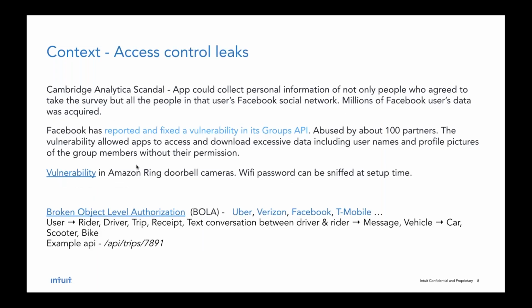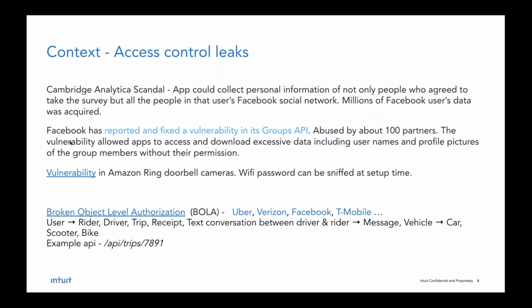Now, we also have seen a lot of access control leaks. So we see some of the data that got leaked. For example, Cambridge Analytica scandal. We know the app was collecting more information than it was supposed to collect. So it basically was supposed to collect only data pertaining to the people who have agreed to take the survey, but it also took data of people who were in that user's social network.